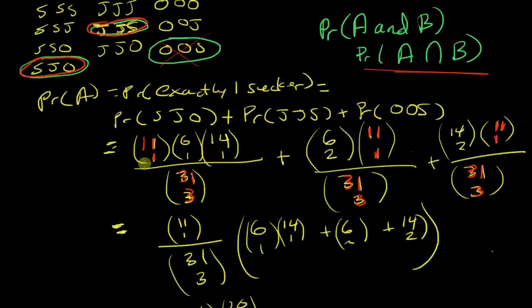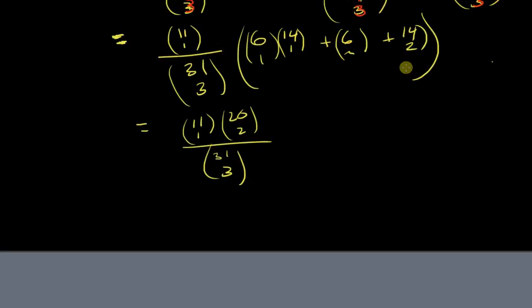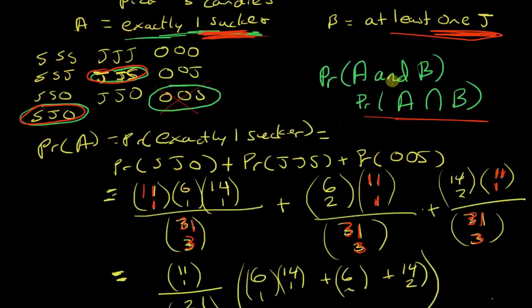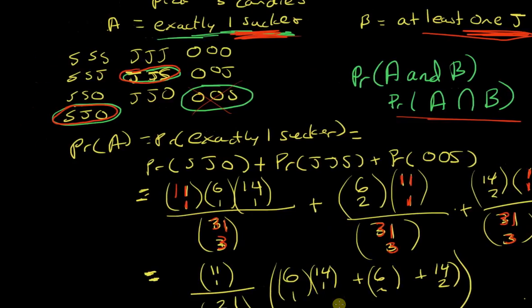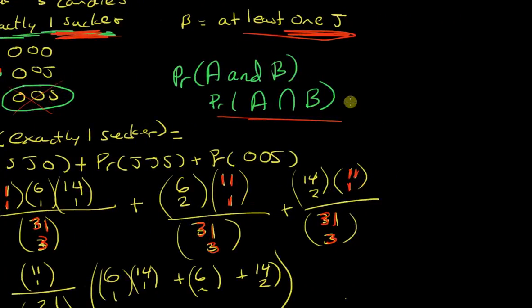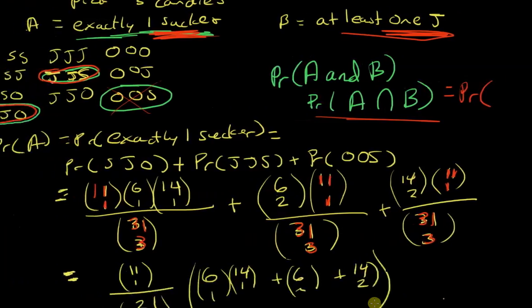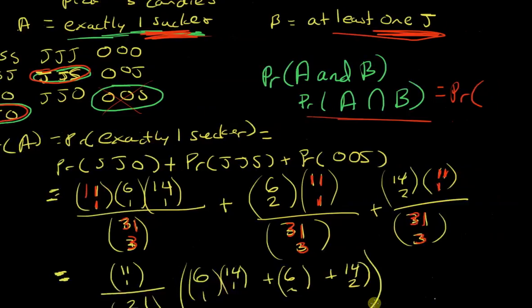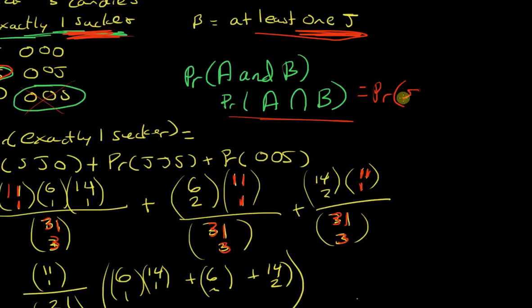So how am I going to calculate this now? Running out of space, let me move over to the side. The only two events I have are sucker, juicy fruit, other, and juicy fruit, sucker. Again, these are mutually exclusive events, meaning they both cannot happen at the same time. So this would be the probability of a sucker, juicy fruit, other, and I'm going to add that to the probability of juicy fruit, sucker.